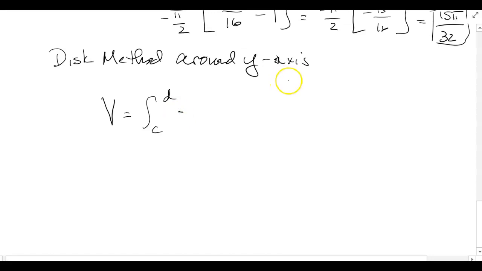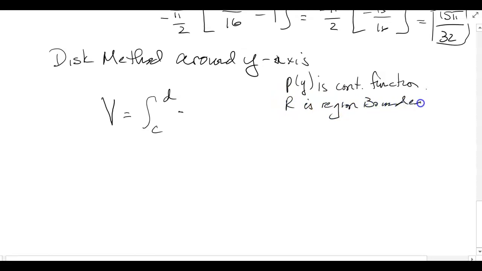So let's suppose that p of y is a continuous function, and R is the region bounded by my p of y and y equals c, y equals d. When R is revolved around the y-axis, you're going to go from c to d.